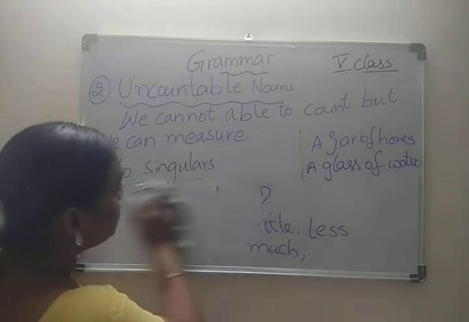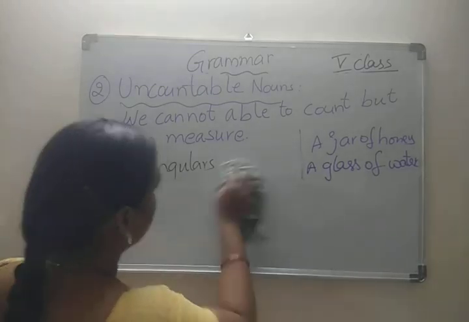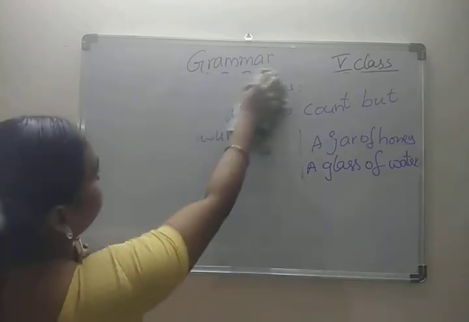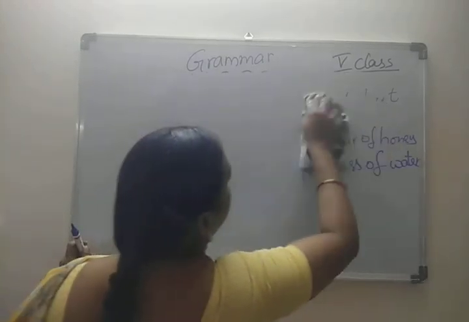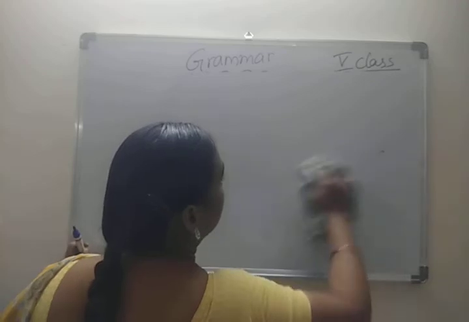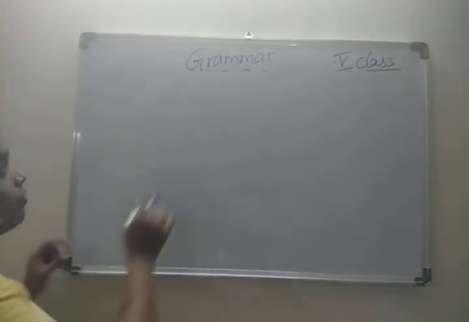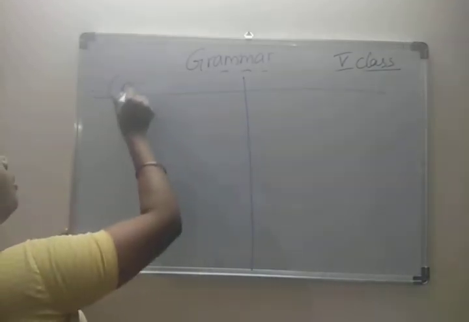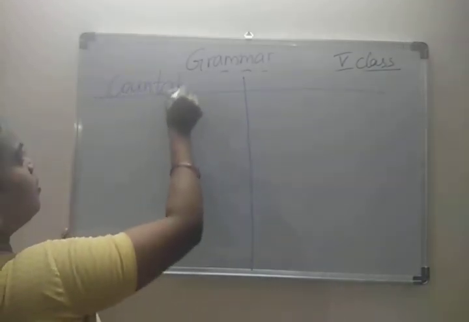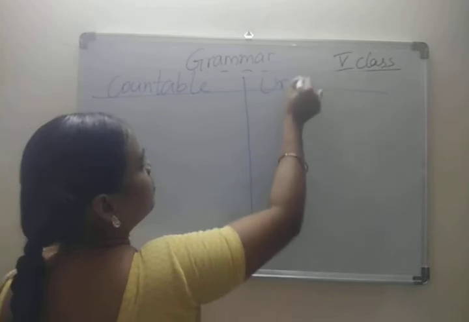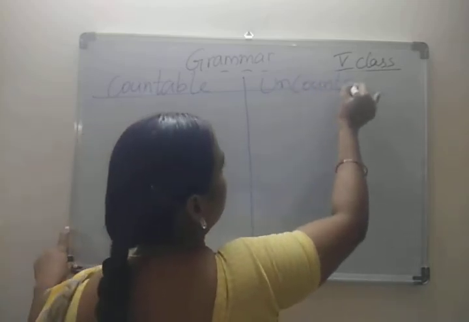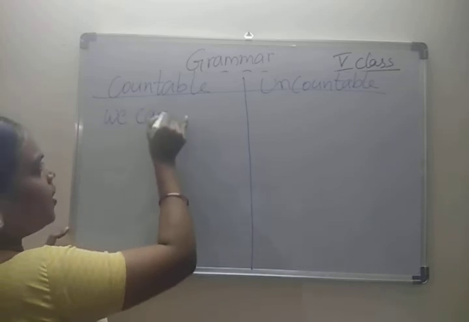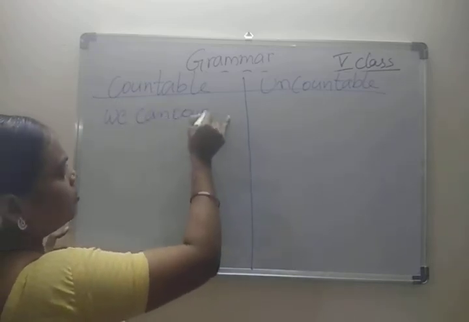Coming to the difference, I'll give a table, children, about countable and uncountable. Countable, uncountable. First point: we can count.